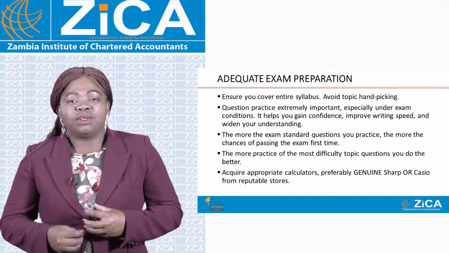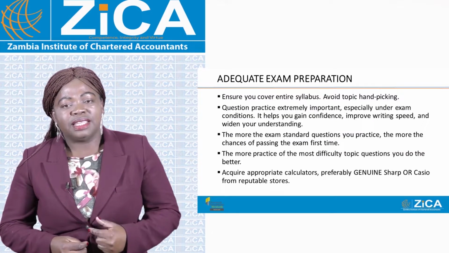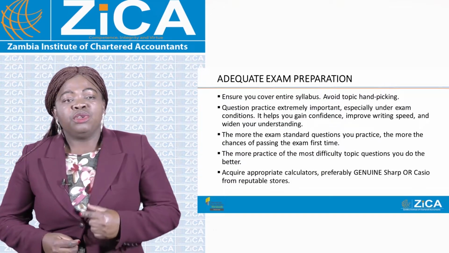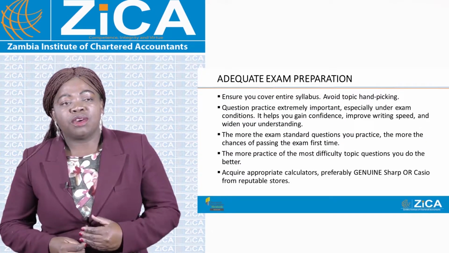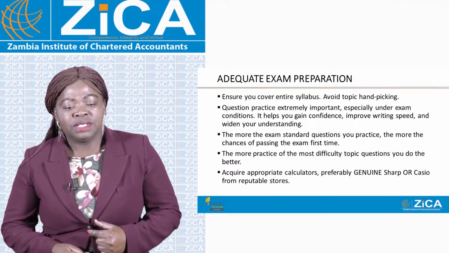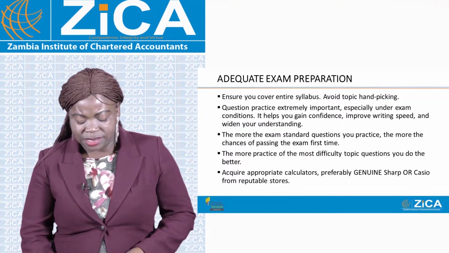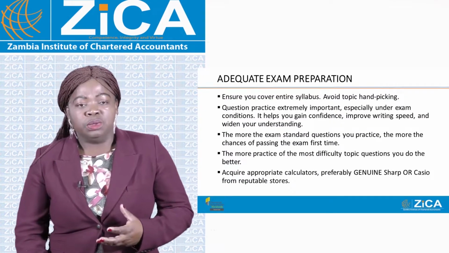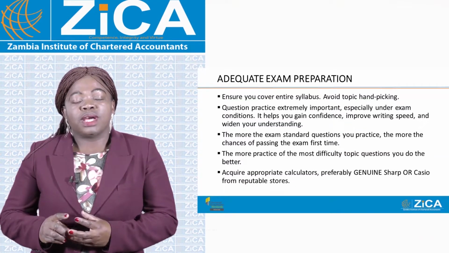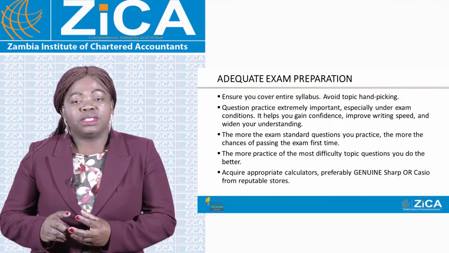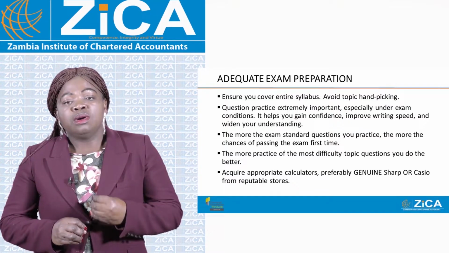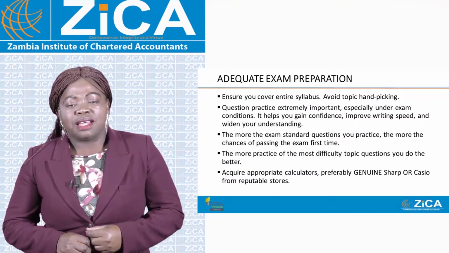If you do not evaluate which question is the easiest, and maybe you start with the most difficult question, you will find yourself spending almost half the time in the exam on one particular question. This is very dangerous in the sense that it will lead you to spending too much time on one question, and because it was very difficult, you will waste a lot of time that will disadvantage you with the time you are supposed to spend on other questions.